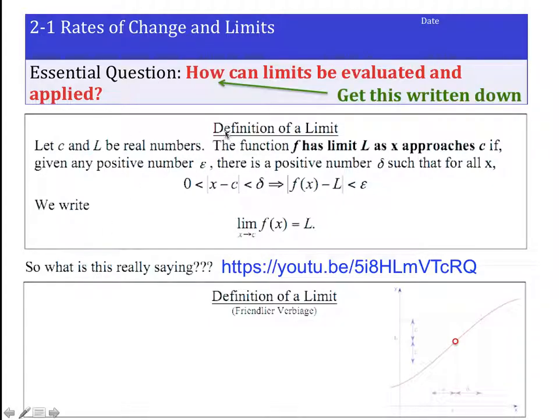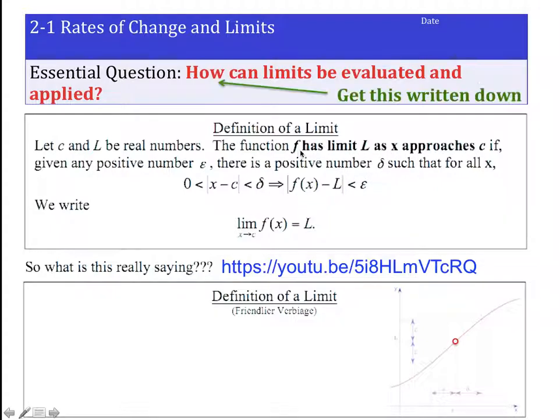So I'm assuming you've written the essential question down. Let's talk about the definition of a limit as we did, and compare it to the question we answered, what does a limit do? It says the function f has a limit as x approaches c.